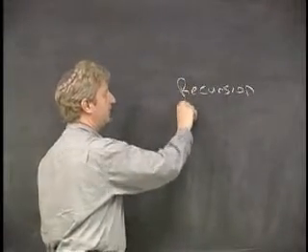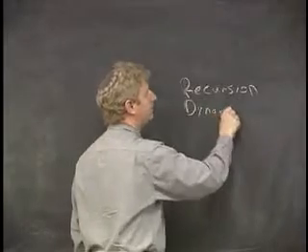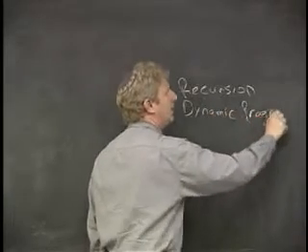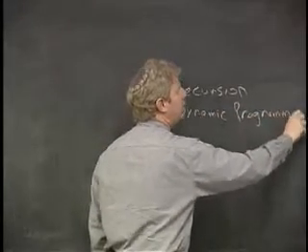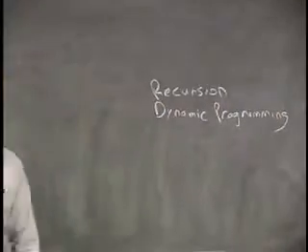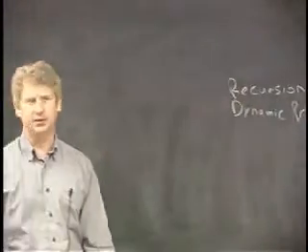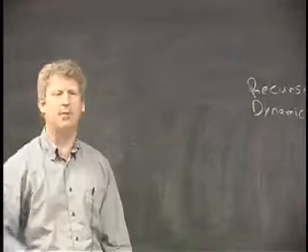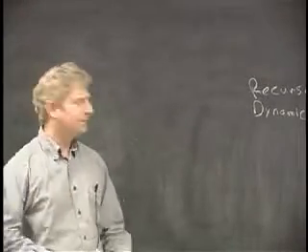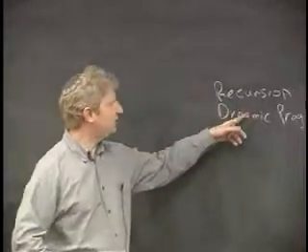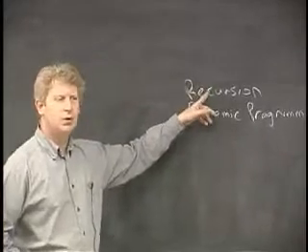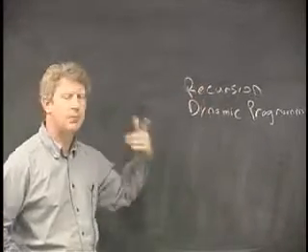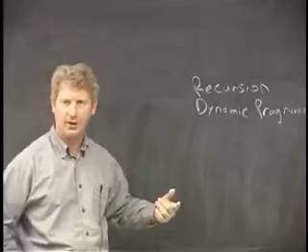There is another style called dynamic programming. You've also seen this too. In the Scheme course, they call this memoizing. It means going bottom up instead of top down. And generally, it's used as an alternative to recursion when recursion tends to call the same subproblem over and over and over again.